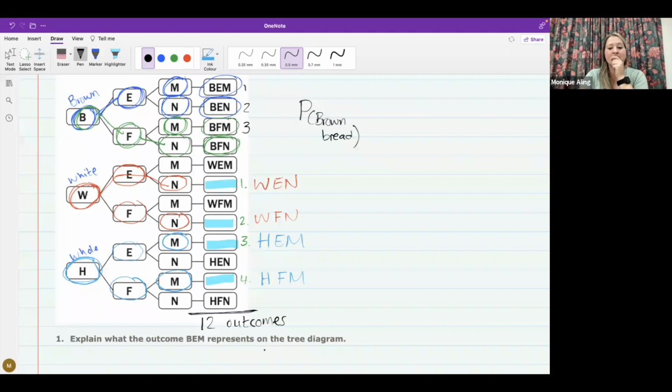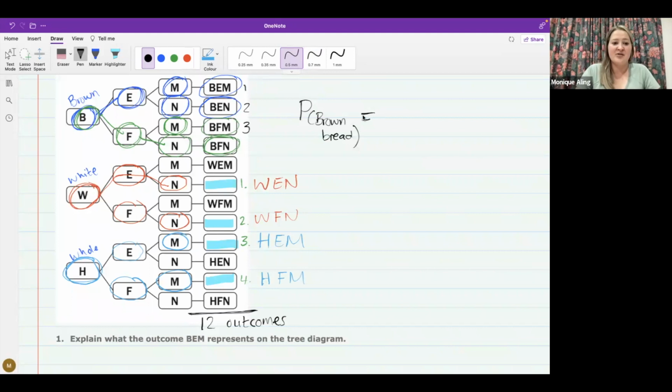Okay. I'm seeing half answers here. Let's see if anyone picks up what I meant by half answers. Vanille, so I said, what is the probability of choosing a sandwich that is made from brown bread?